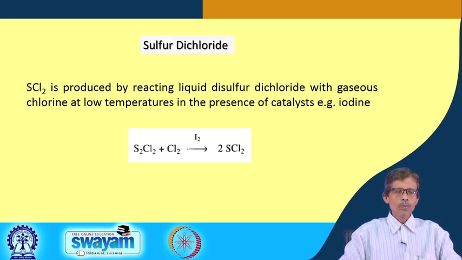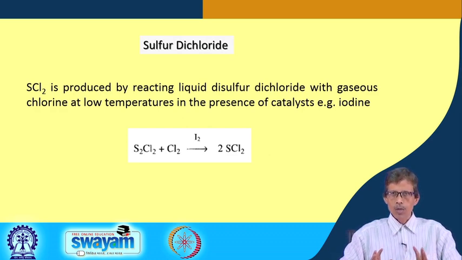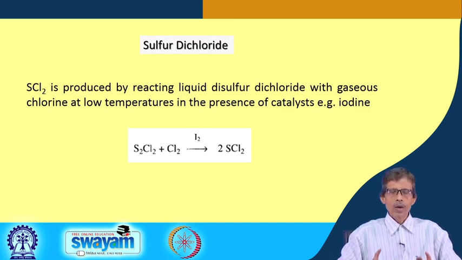So, what we do? We are basically taking away one of the sulfur atoms from the S2Cl2, which we have seen earlier, where you have a sulfur-sulfur bond, and on the two ends you have two chloride groups attached to these two sulfur. Now, we get sulfur dichloride, which is very much similar to your water molecule, that means in water oxygen is present and you have two hydrogen atoms attached to that oxygen center.